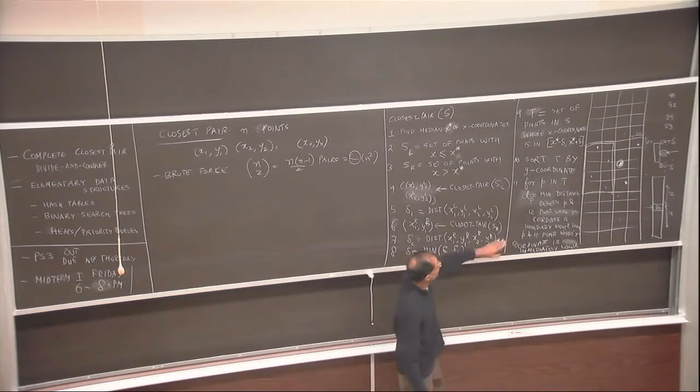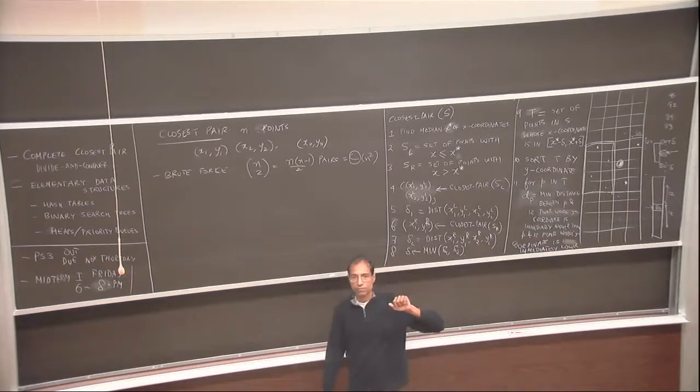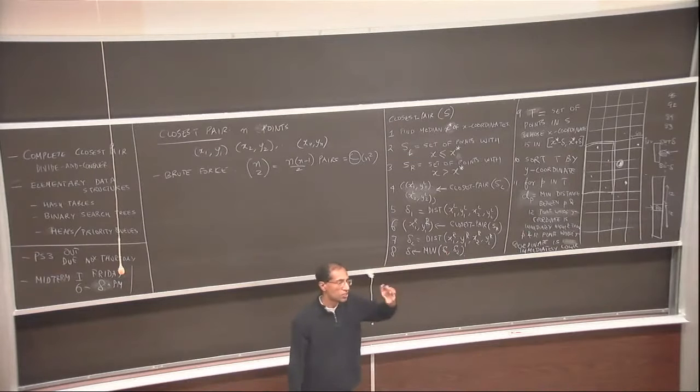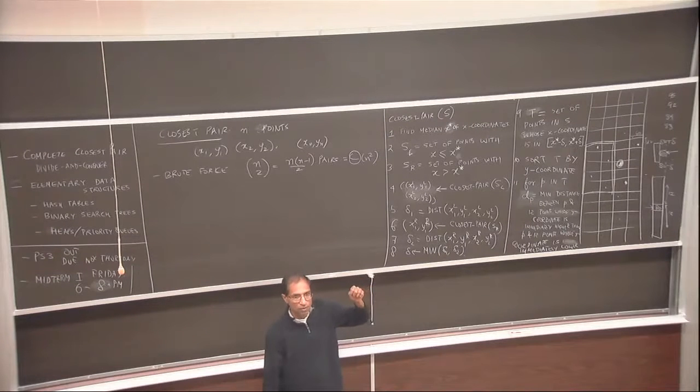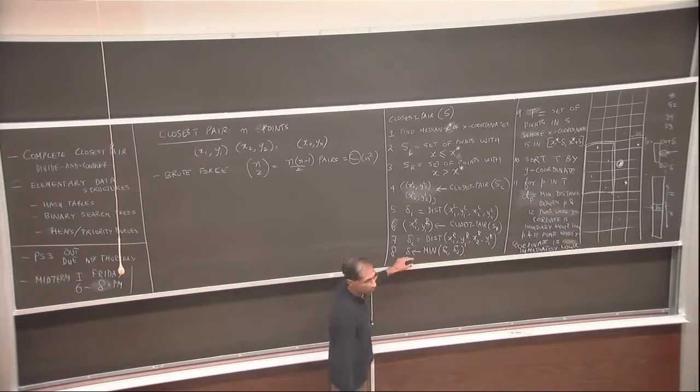For every point P, we have figured out this. Then what do we do? So for every point P, we have found its candidate closest pair. So we have delta, and we have dP.